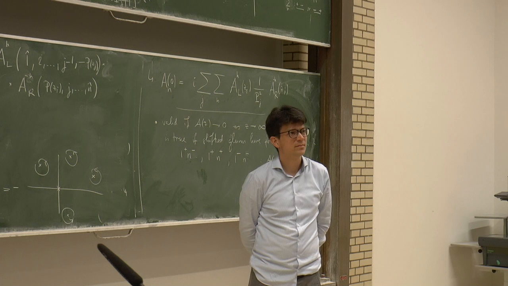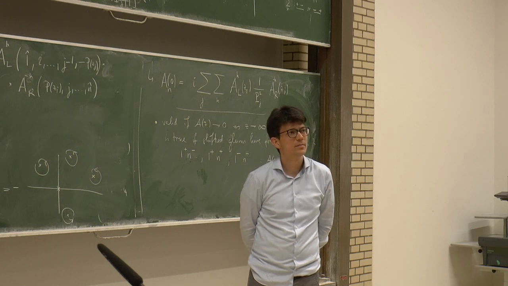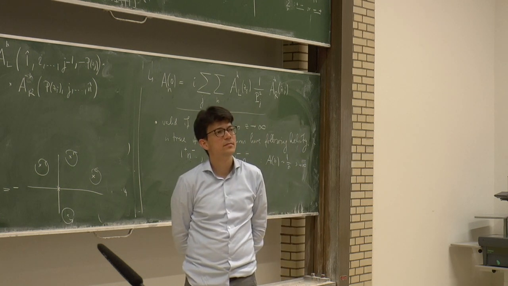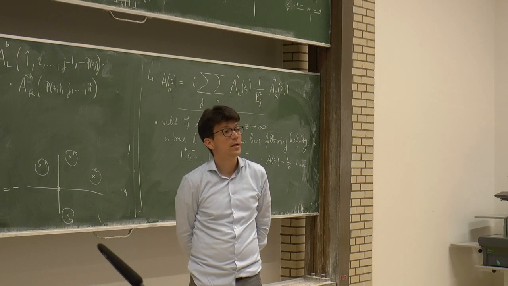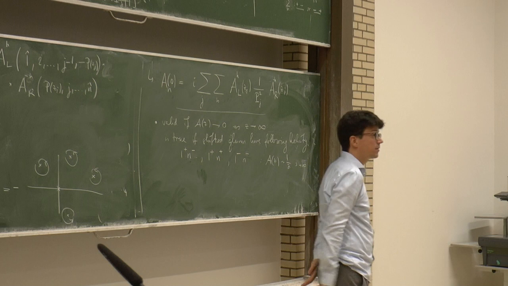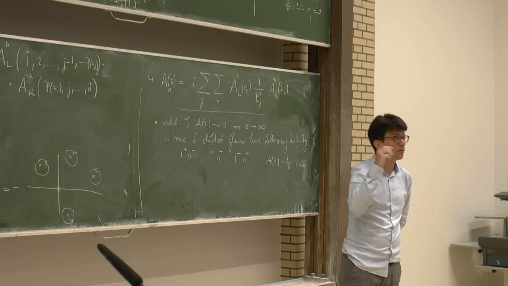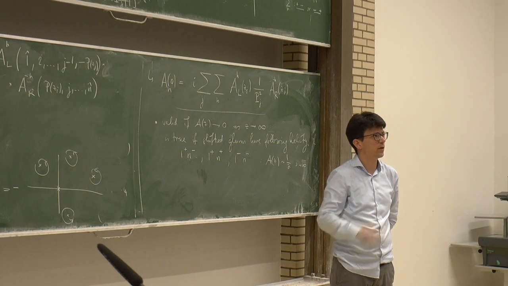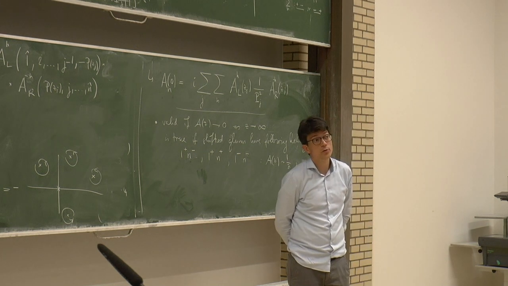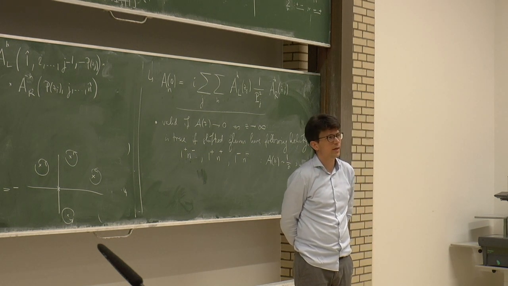So the question is, was it important that we did this color decomposition to run the BCFW argument? The short answer is no. You could do the same for the full amplitude.